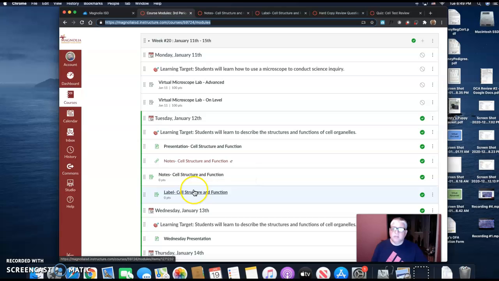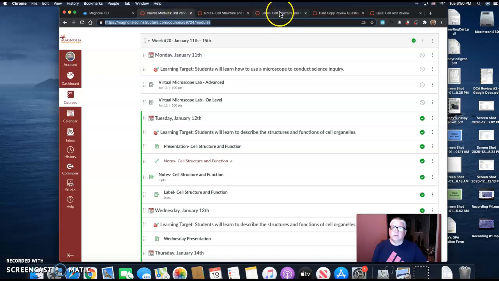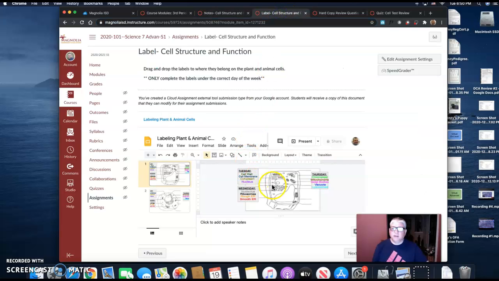The next assignment is right here. It says label cell structure function, and sorry, it is this one right here. Basically, it's a drag and drop. Some people did not realize that there was more than one day. They didn't go back each day. Tuesday, Wednesday, and Thursday, we worked on these.